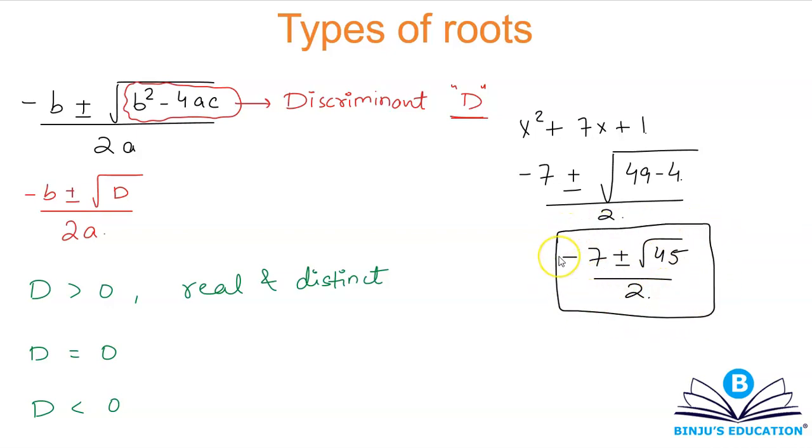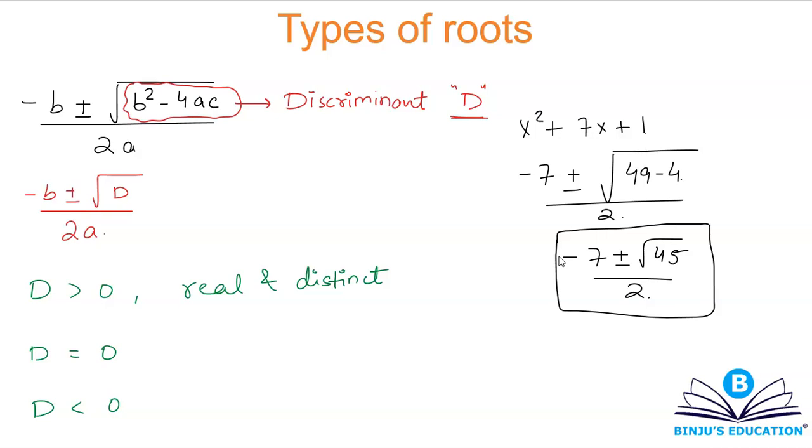Now root 45 is somewhere around 6.8, 6.9. But anyways, you'll observe that you're going to get 2 real values. Negative values are also real values. I'm simply saying the values are real and distinct. So my one root is minus 7 plus root 45 by 2. My another root is minus 7 minus root 45 by 2.